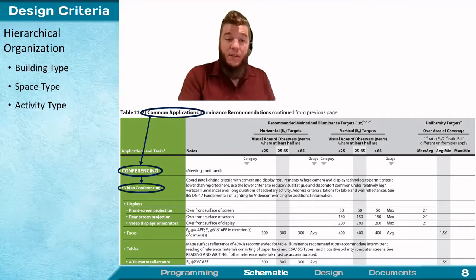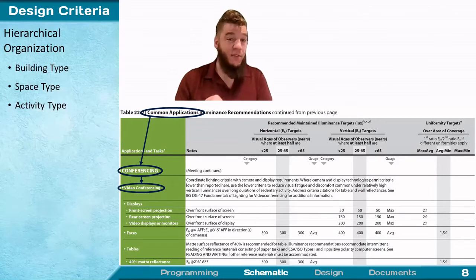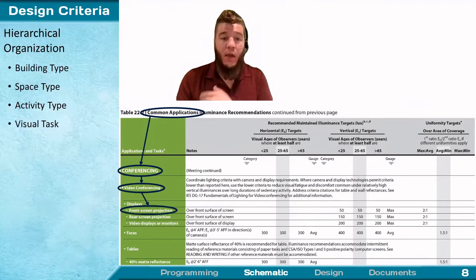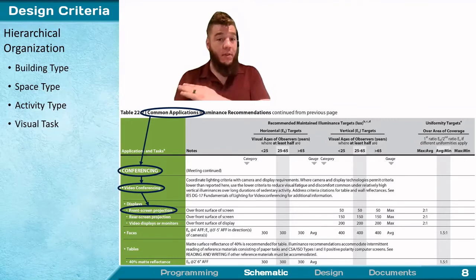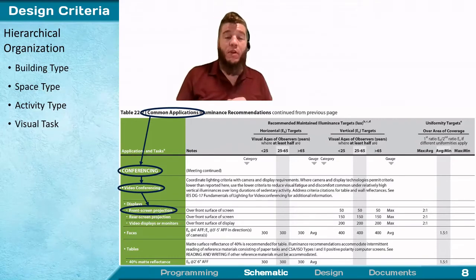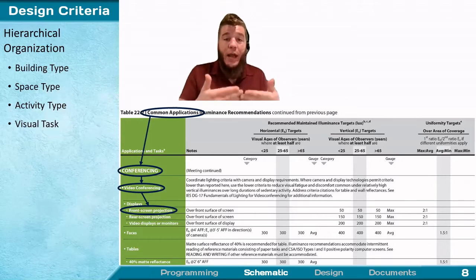And then we have activity type, not all the time, but oftentimes the IES handbook will group particular types of activities together to make it easier to look up related visual tasks, which brings me to the last step in this process, which is our actual visual task. For example, in this case, a front screen projector and understanding what light we need to provide to make that front screen projector work.